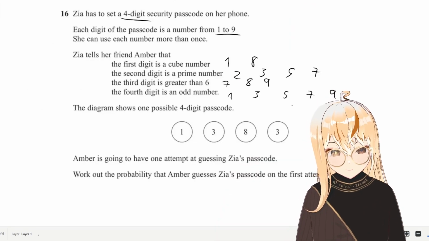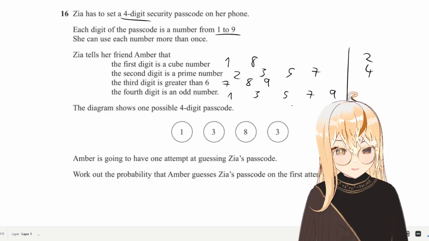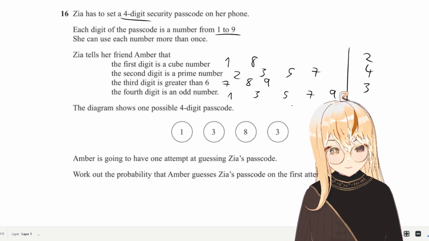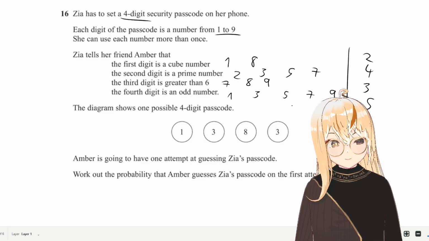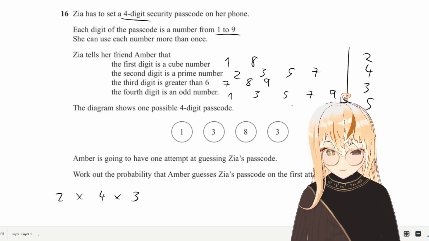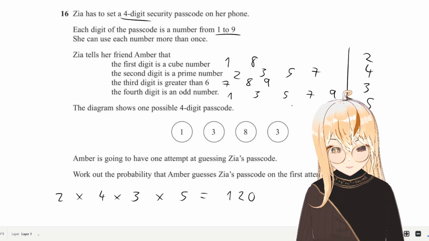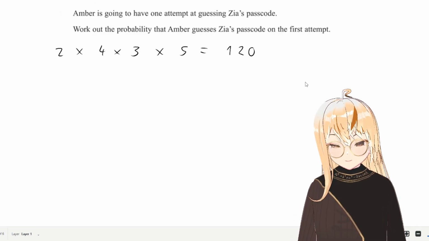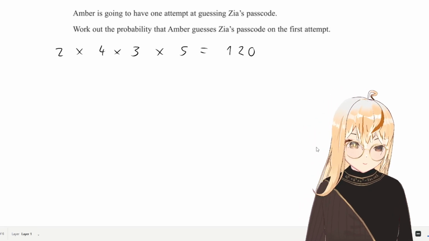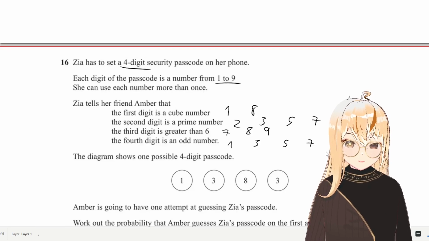So we'll see that we have 2 options for the first one, 4 options for the second, 3 for the third, and 5 for the fourth. So we just do 2 times 4 times 3 times 5, and we get 120. So you can just say probability is 1 in 120, because there's 120 different combinations for this passcode.